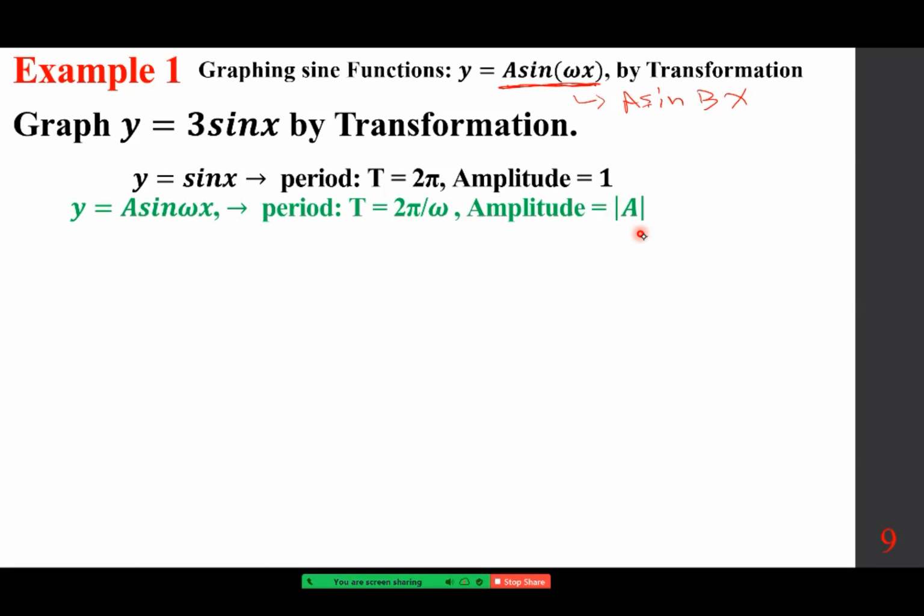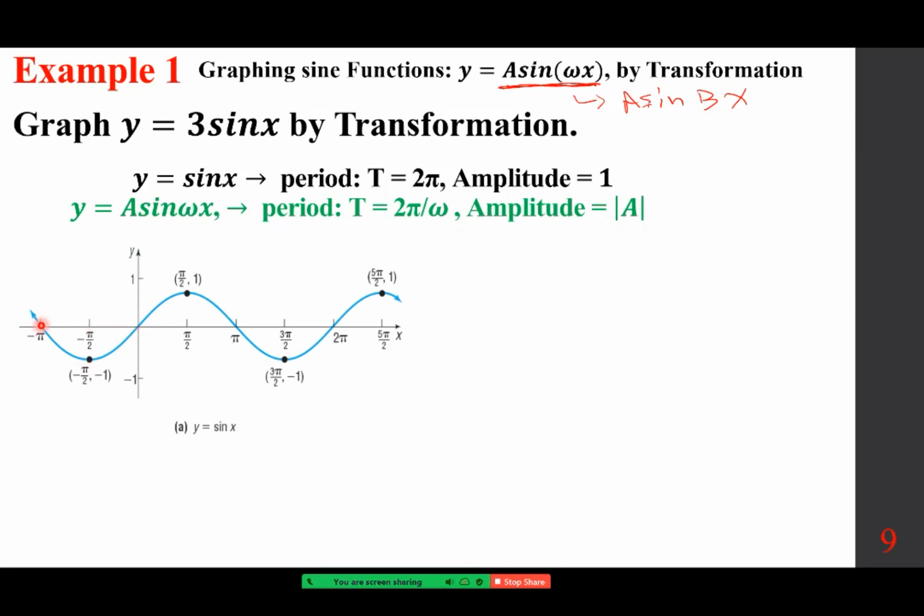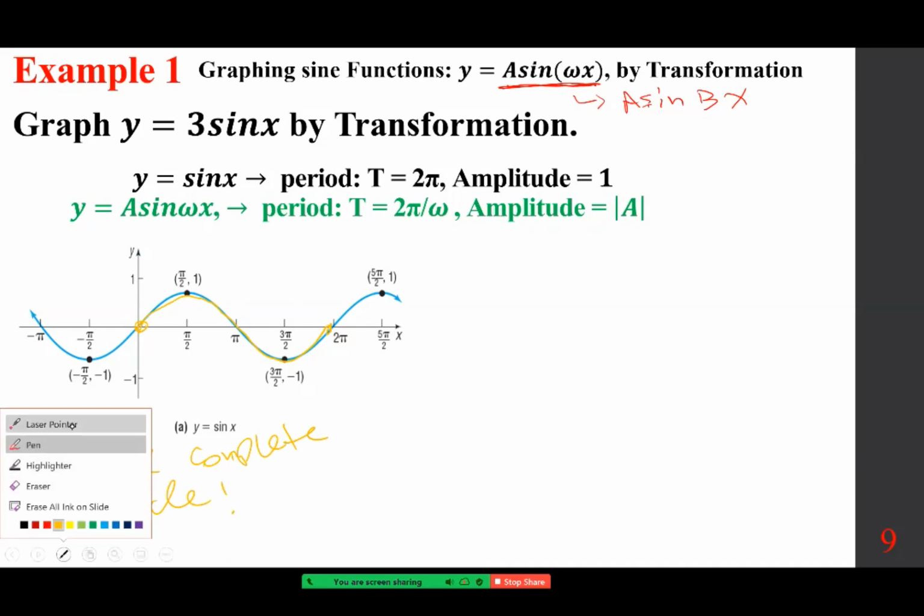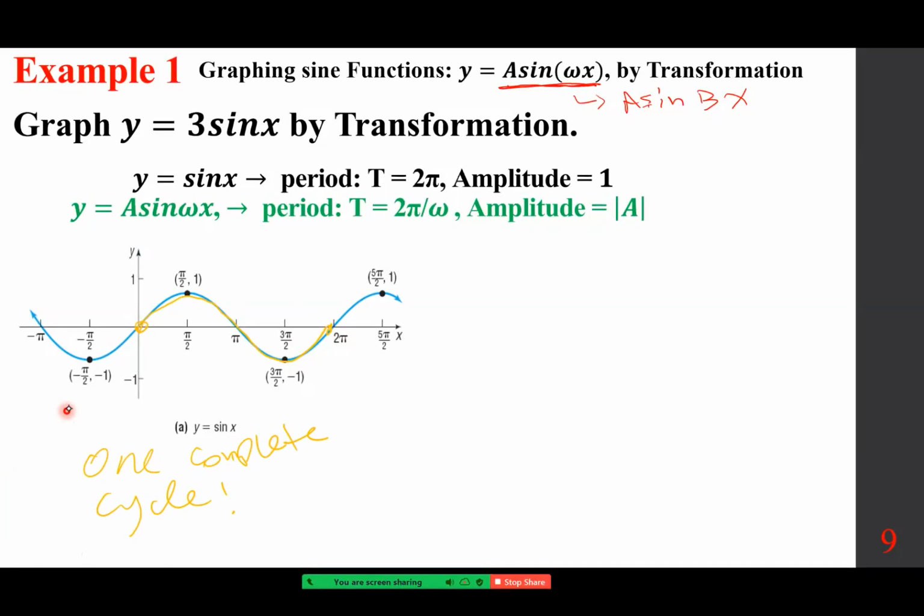If we look at sine x and we know the graph, remember it continues indefinitely, so you really want to be concerned with just one complete cycle. This is one complete cycle, and then you can continue indefinitely on both sides, unless the domain is restricted.